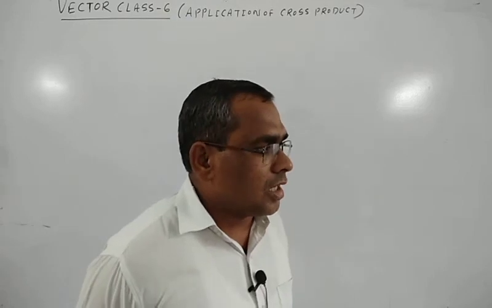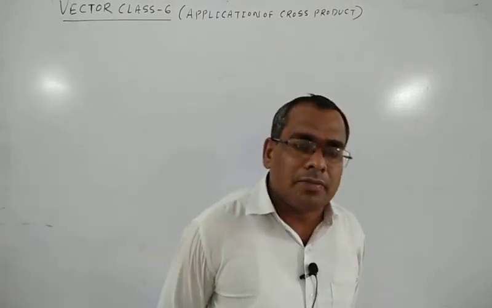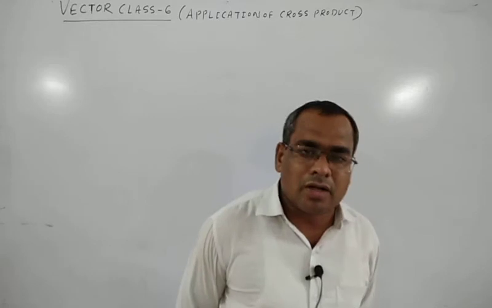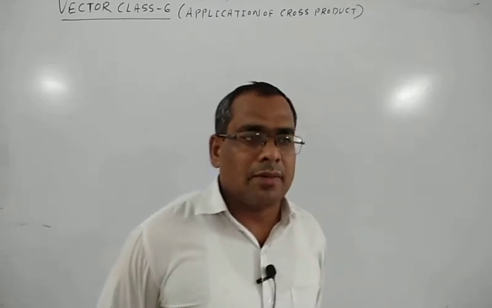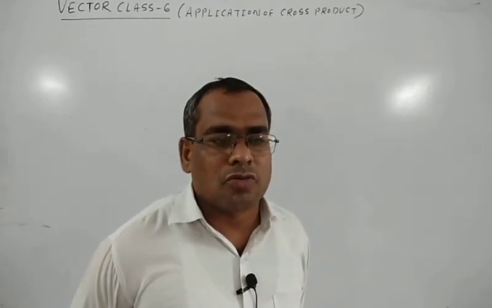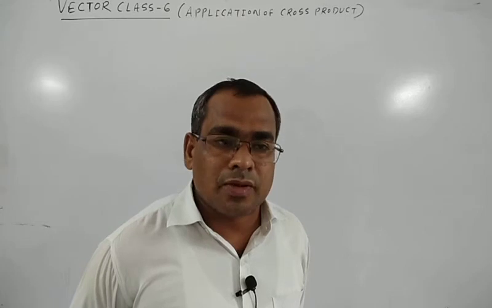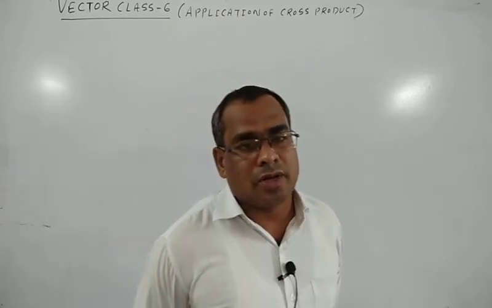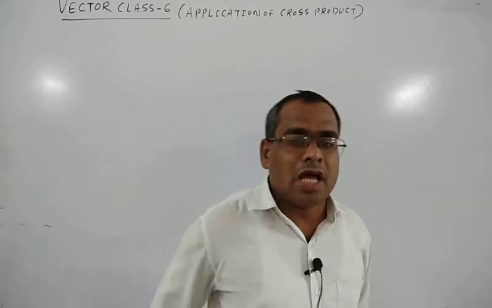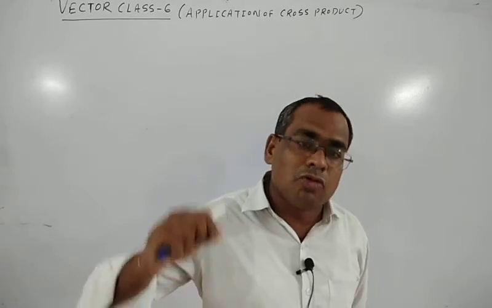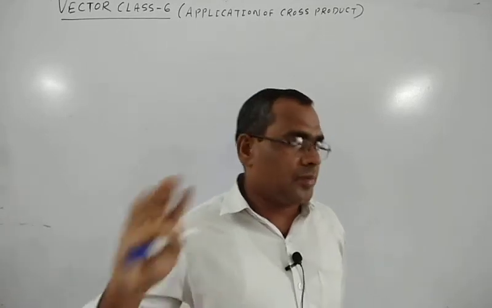The unit vector perpendicular to both A vector and B vector is n cap, so n cap is equal to plus or minus A vector cross B vector divided by the magnitude of A vector cross B vector. This is the unit vector perpendicular to both A vector and B vector.